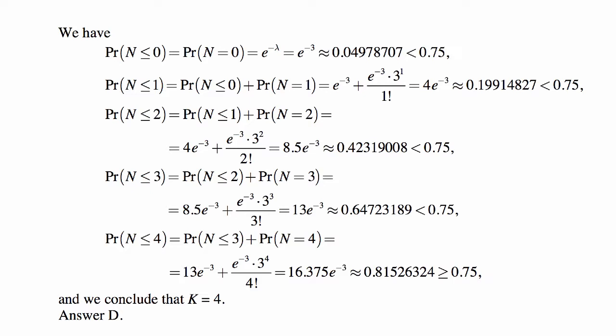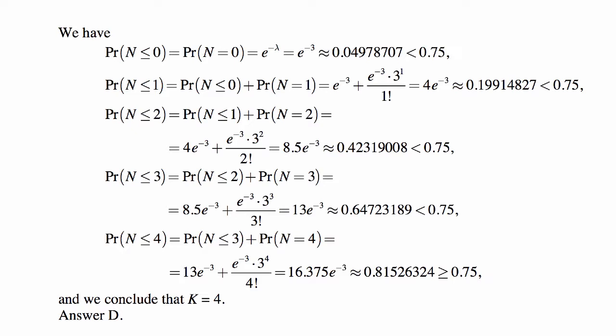So this is 8.5 times e to the negative 3, or roughly 8.5 times 0.05, which we approximately calculated as e to the negative 3 in the first part. And that's still less than 0.75. It's about 0.423.